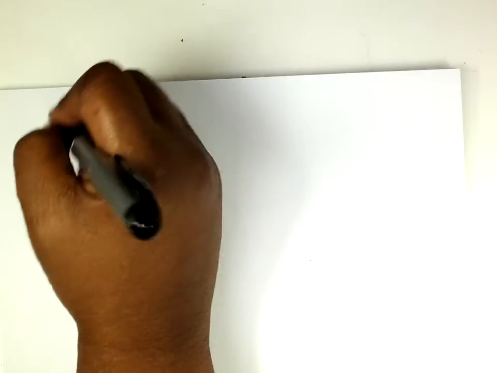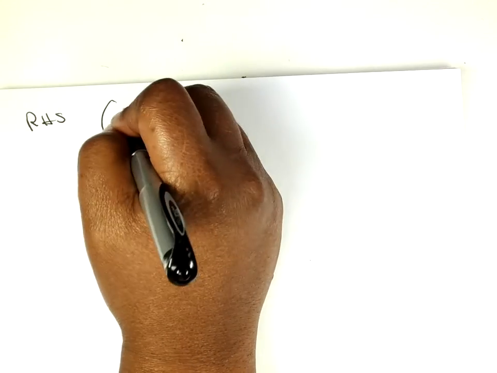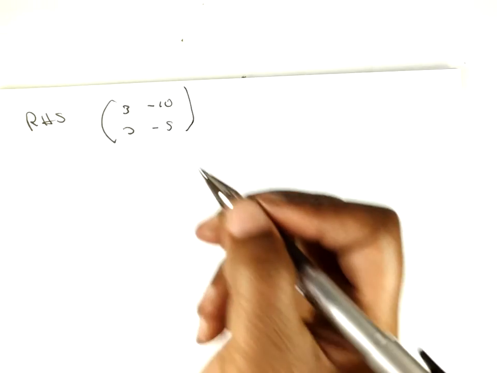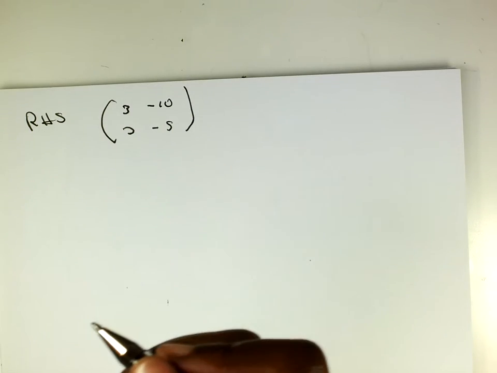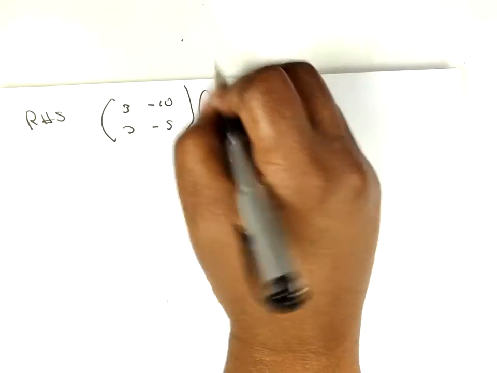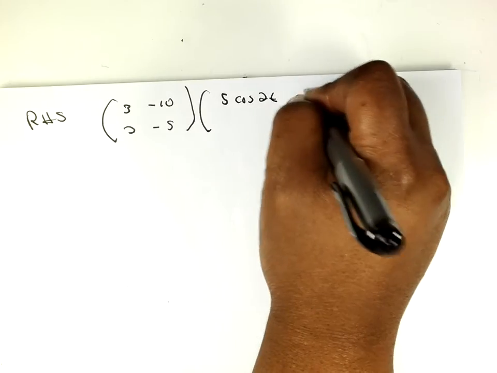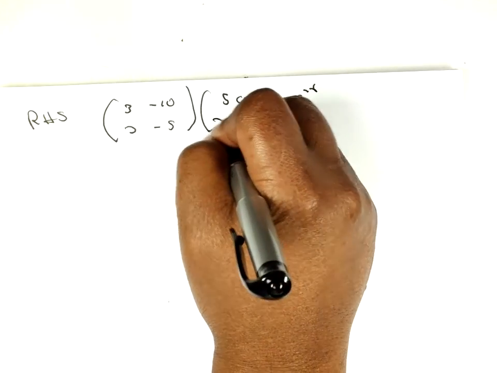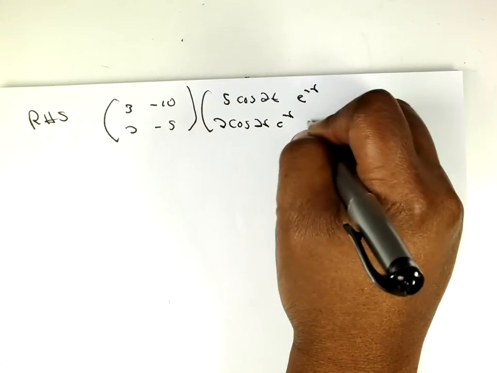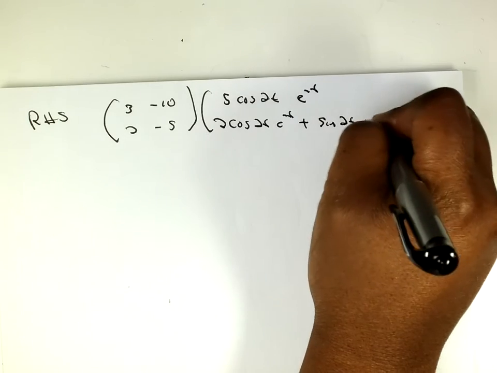So that is the matrix 3, negative 10, 2, negative 5 times x, which was 5 cosine 2t e to the negative t and 2 cosine 2t e to the negative t plus sine 2t times e to the negative t.